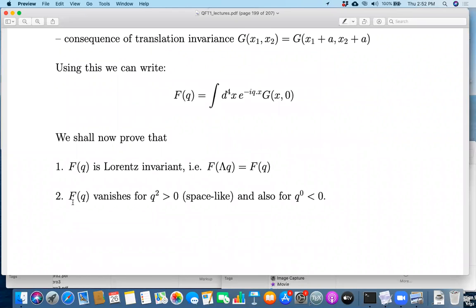The second relation that we'll be proving is that f(q) vanishes for q square positive, which means when q is space-like, and independently also whenever q0 is less than 0. This is true irrespective of whether q is space-like or time-like. So f(q) will vanish whenever q square is positive, and also whenever q0 is less than 0.